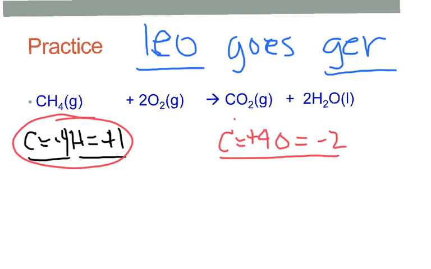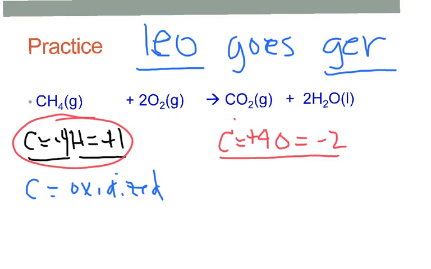We know carbon is being oxidized because carbon is losing electrons. Carbon is oxidized in this reaction. Methane is called the reducing agent.